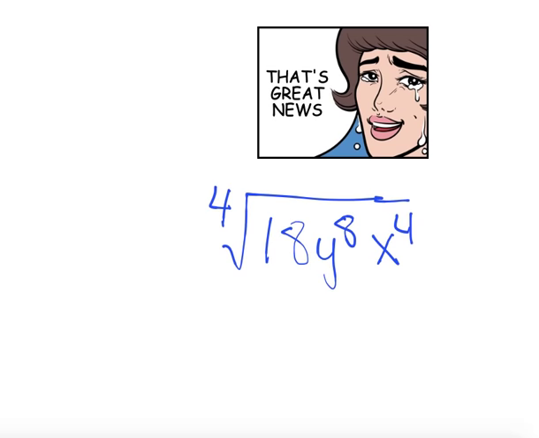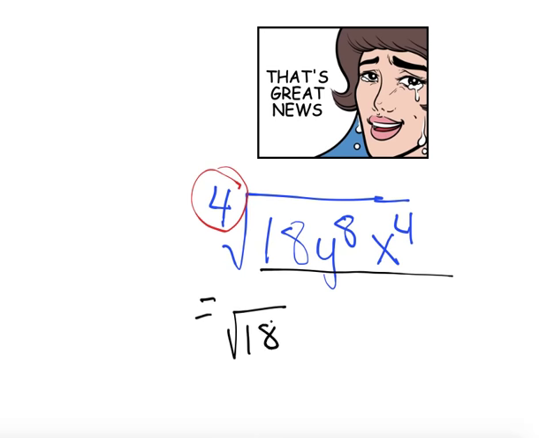Okay, so step number one, you locate the radical and you make a battle plan. So my plan is to break these numbers in ways that I can write them in a form that they are to the power of 4 too, if possible. So I write the 18 alone, and I don't forget the 4. That was what caused my mistake.